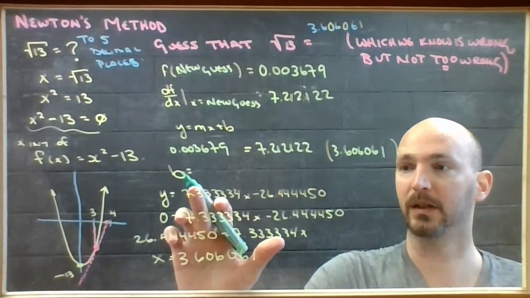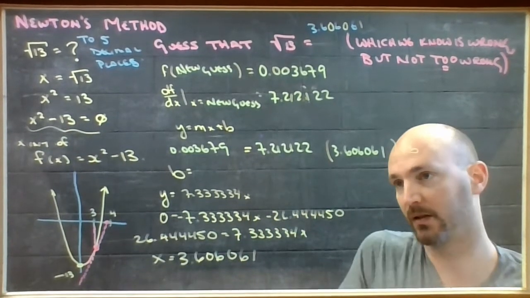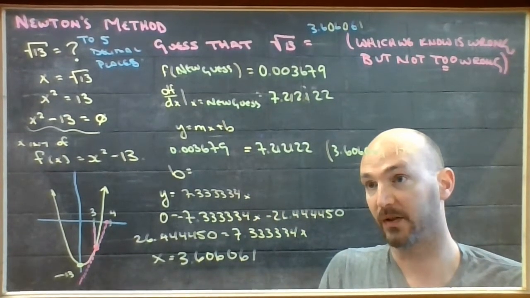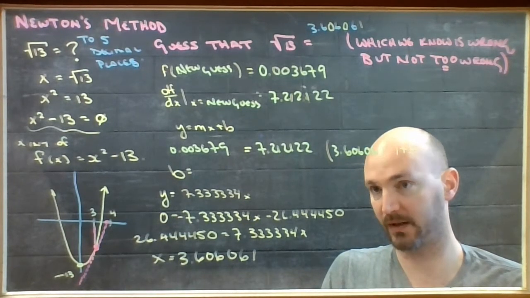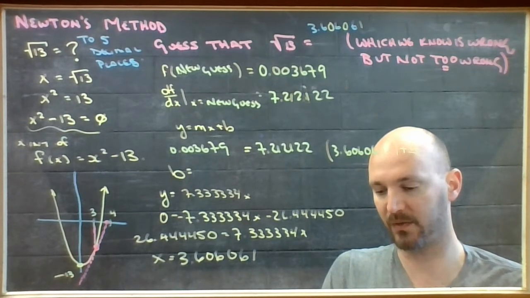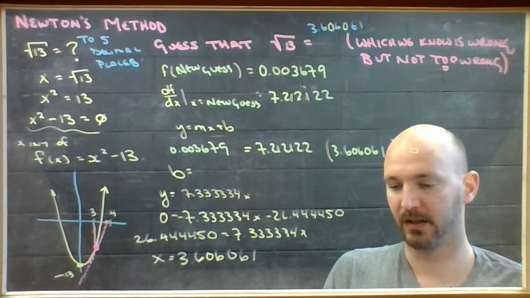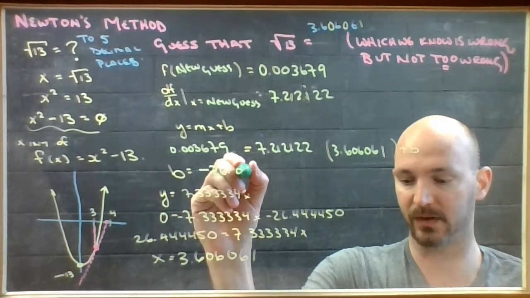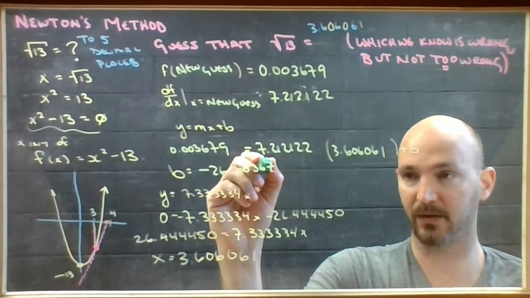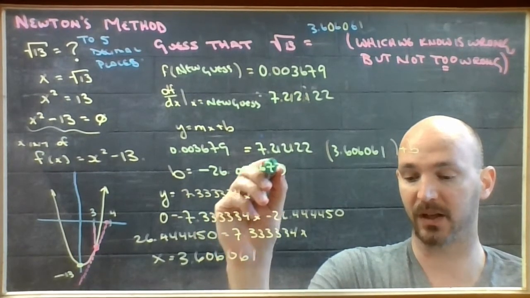Which gives me a new b value. So 0.003679 subtract 7.212122 multiplied by 3.606061 gives me negative 26.003673. 1, 2, 3, 4, 5 digits I want, plus 1 extra.